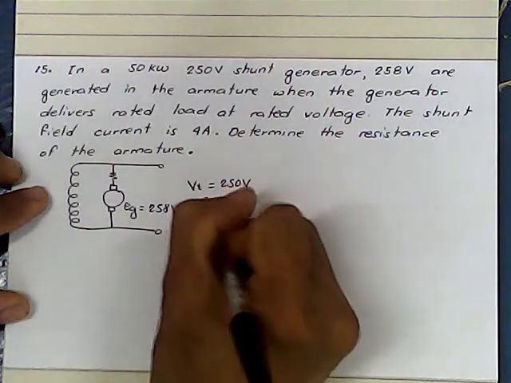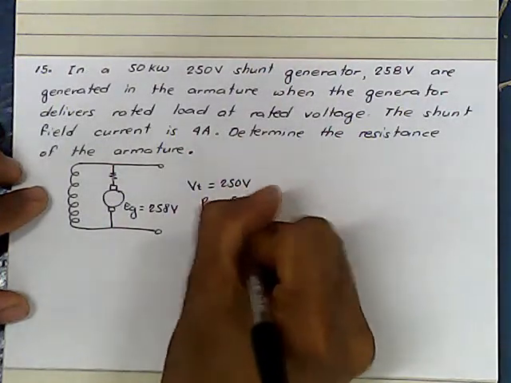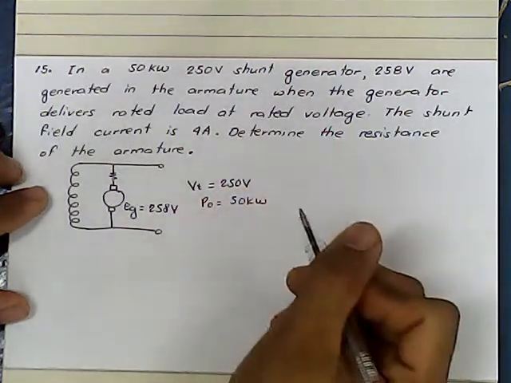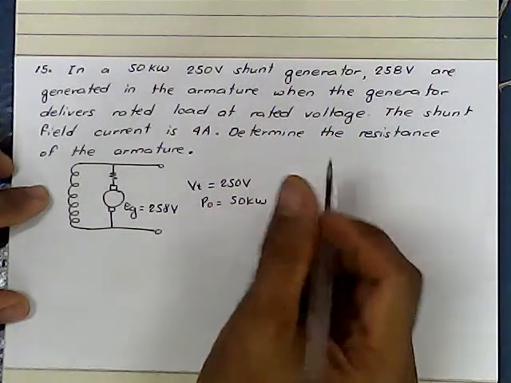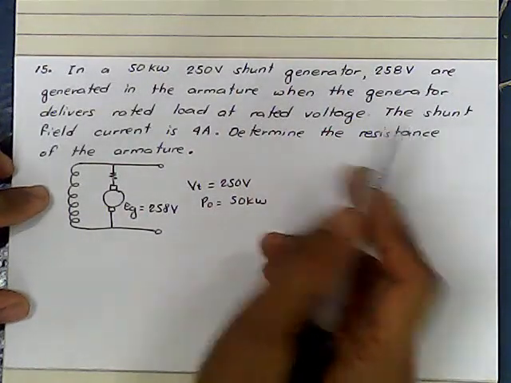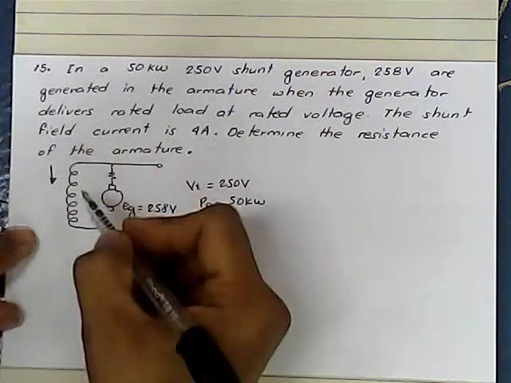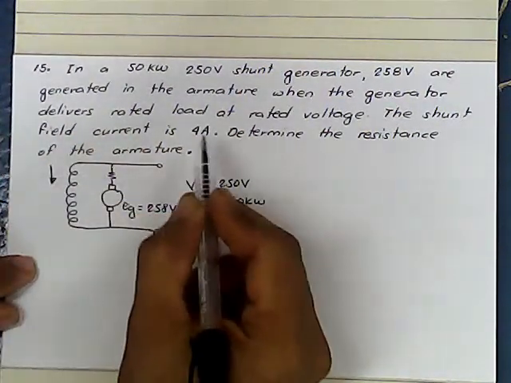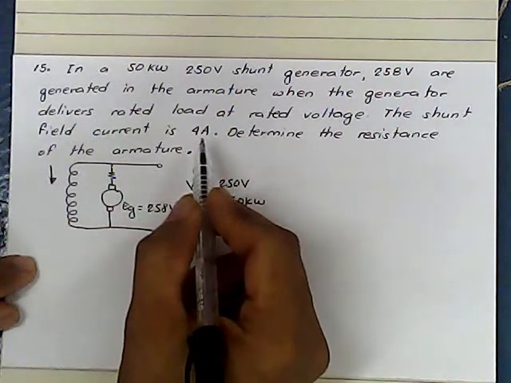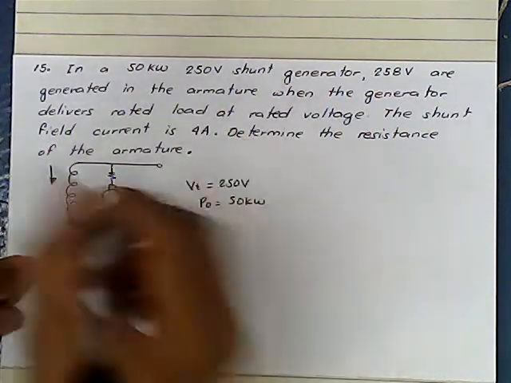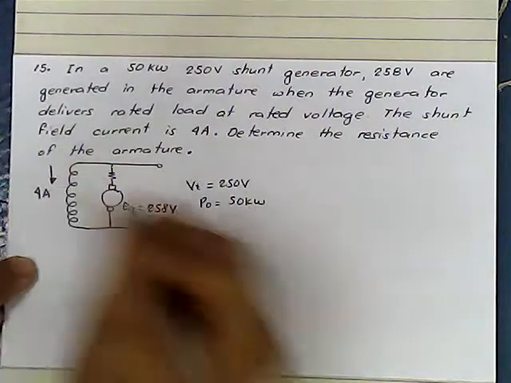The power output is equivalent to 50 kilowatts. Ngayon, yung field current natin, the shunt field current, ISH, okay, wala siyang given na RSH, although meron tayong given as the shunt field current, that is 4 amperes.